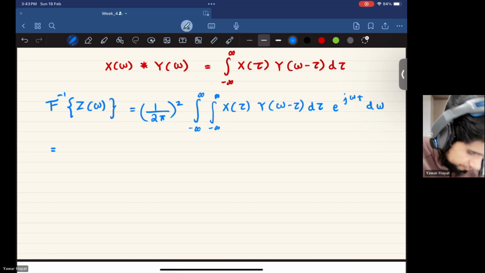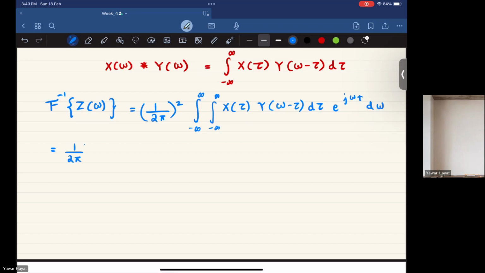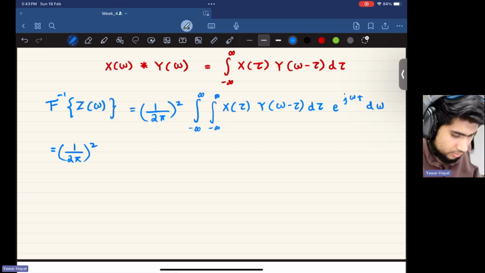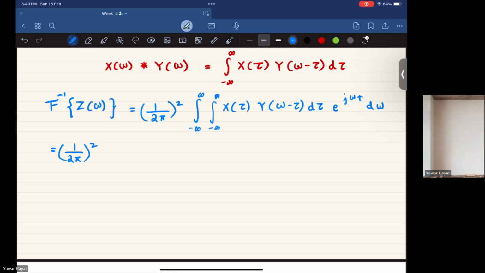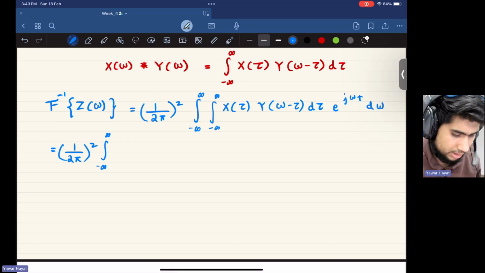Then this is 1 over 2 pi squared, integral from minus infinity to infinity.